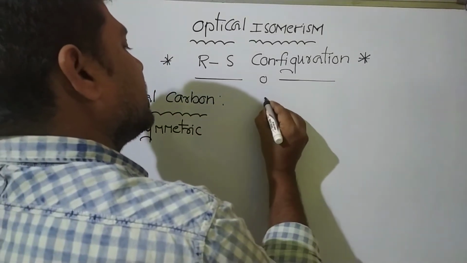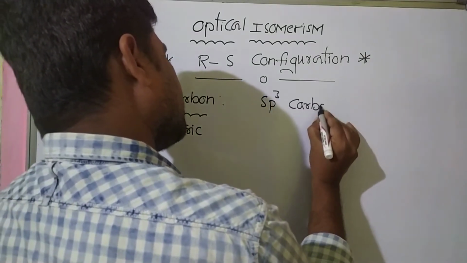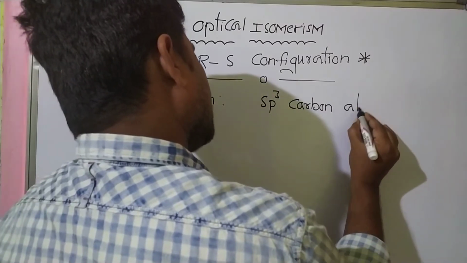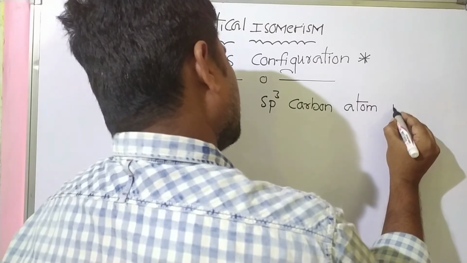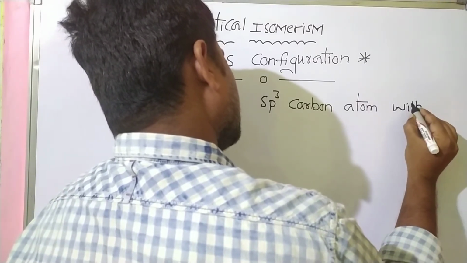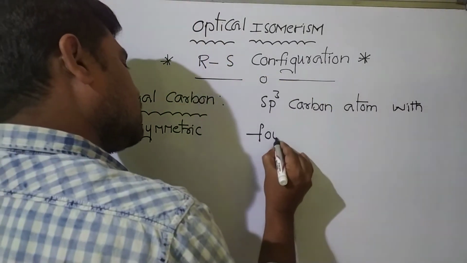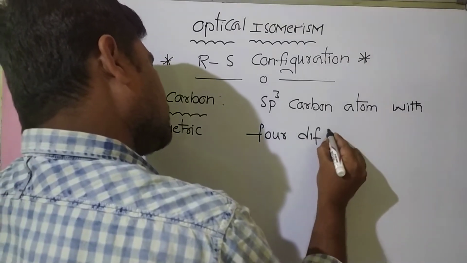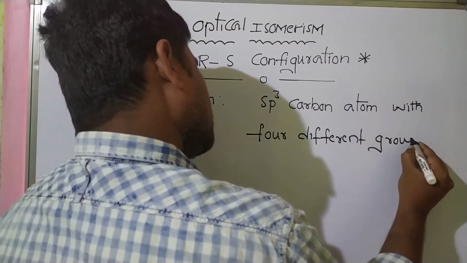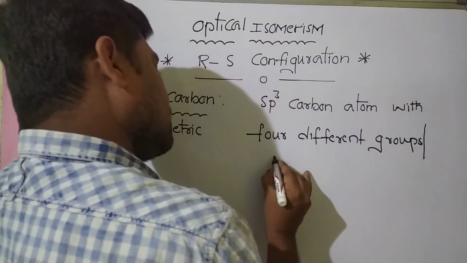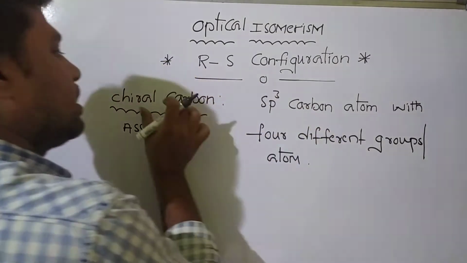Okay, please note the statement. An sp3 carbon atom with 4 different groups or atoms is known as chiral carbon.